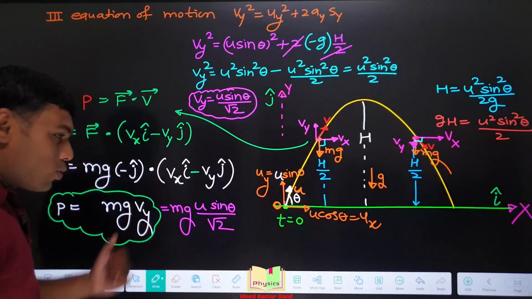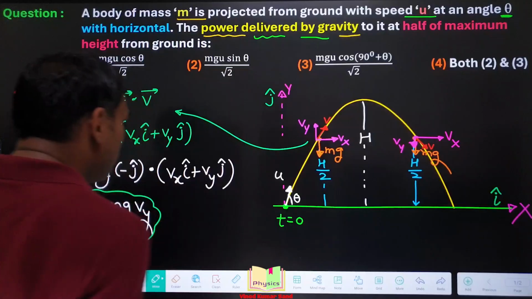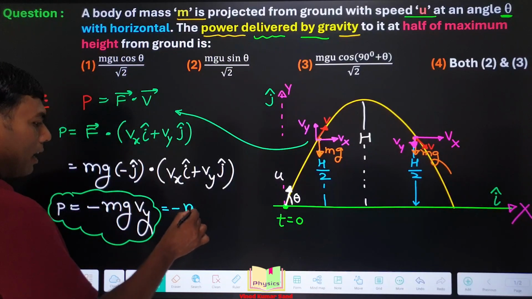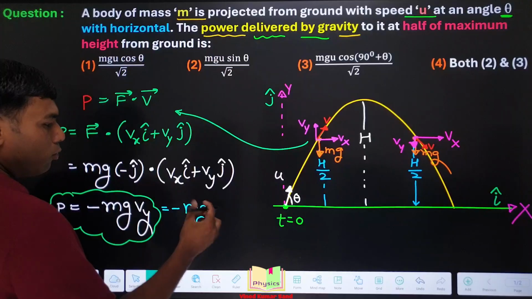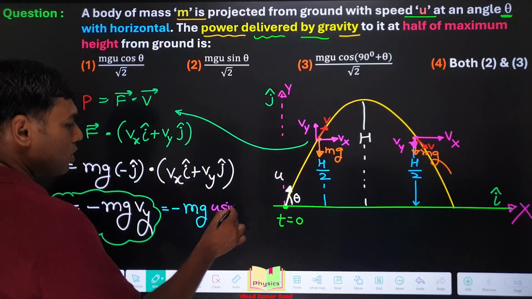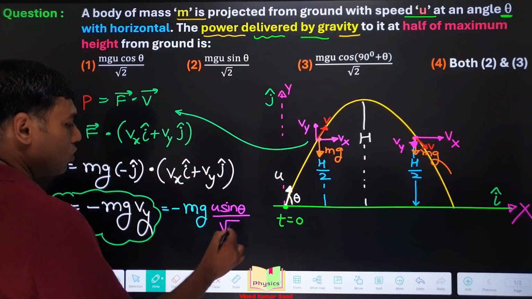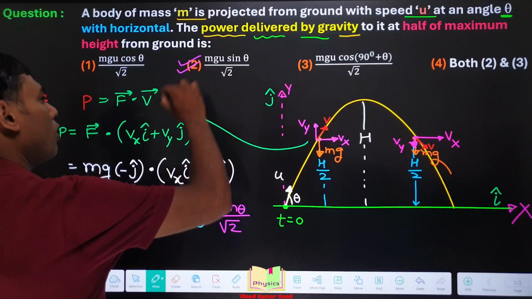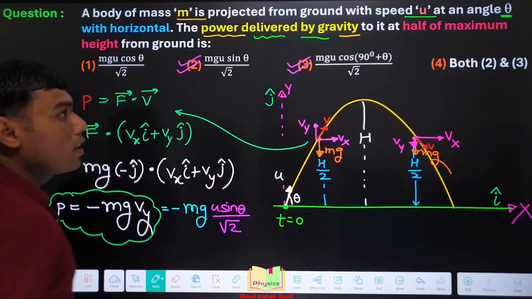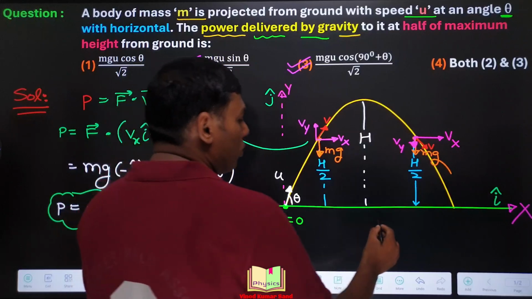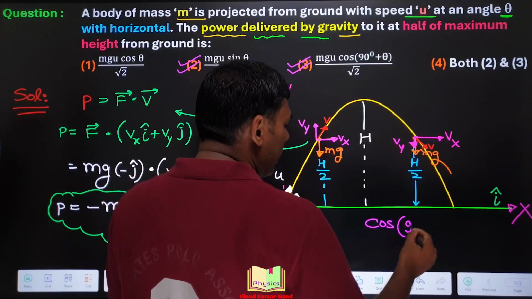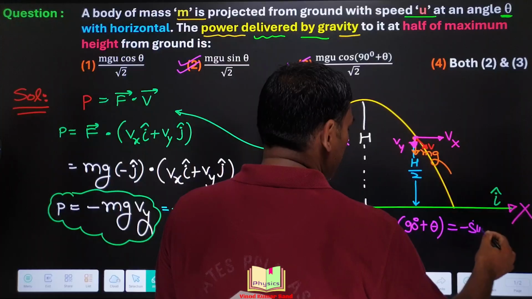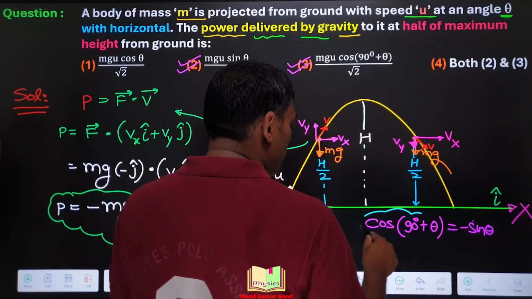Okay. So this is one answer, and on the previous page, we can again write the answer as minus mg. At the place of Vy, we can write u sine theta by root 2. So our computation matches with the second option and the third option. How third option? We all know that cos 90 degree plus theta could be written as minus sine theta from the trigonometry.